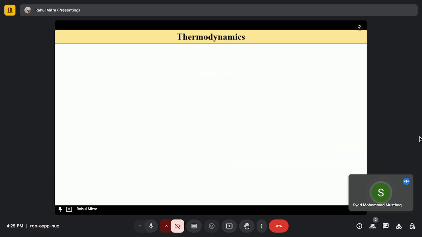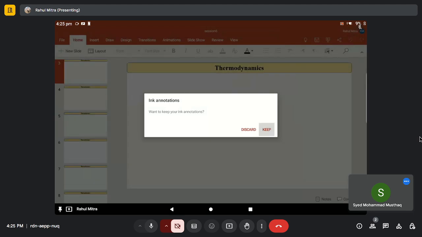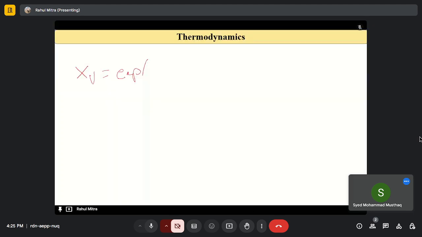Finally we arrive at XV equals exponential of minus delta H by RT if you are talking per mole, or we can write it as kT if you are writing per vacancy. So this is for the bulk.